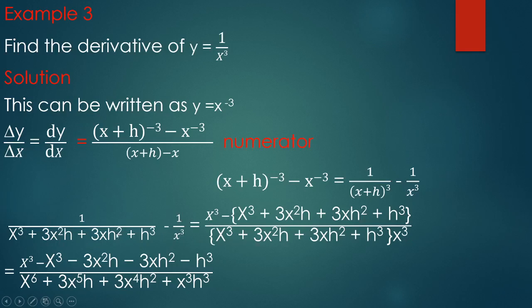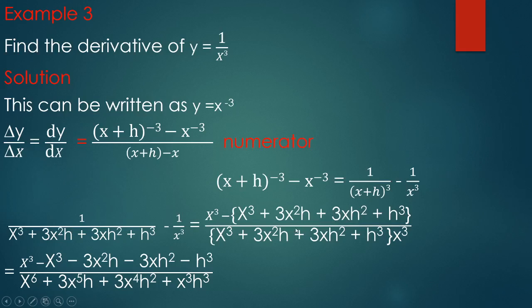So we shall have x cubed times 1, which gives you x cubed, minus, you have a bracket there, minus x cubed comes with the whole thing. So we multiply 1 into the whole of this. That is x cubed plus 3x squared h plus 3xh squared plus h cubed.